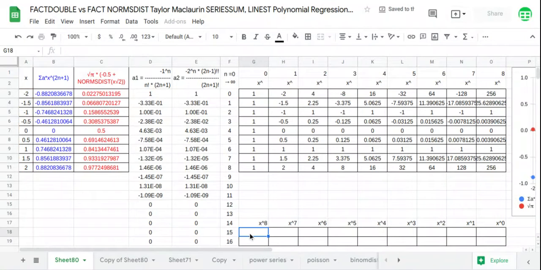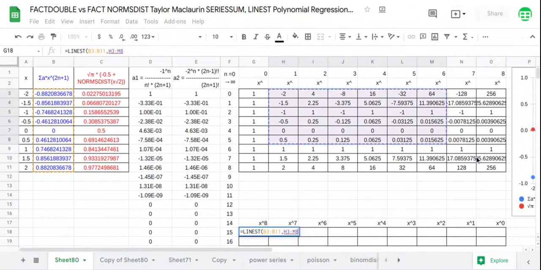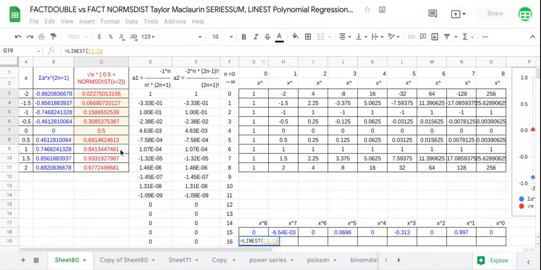Now we can use LINEST to calculate the polynomial regression coefficient. So LINEST of data y and data x. And for the NORMSDIST, LINEST of its y and x.